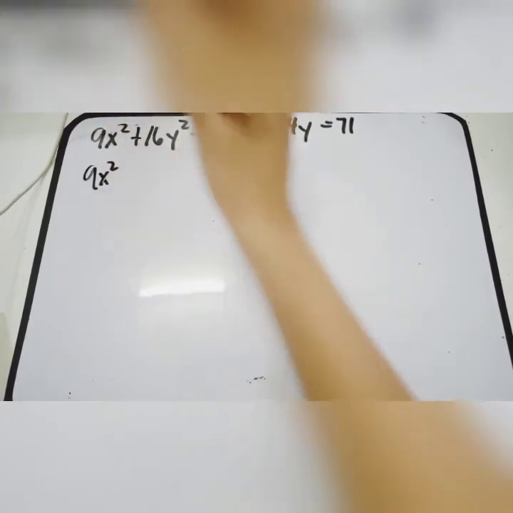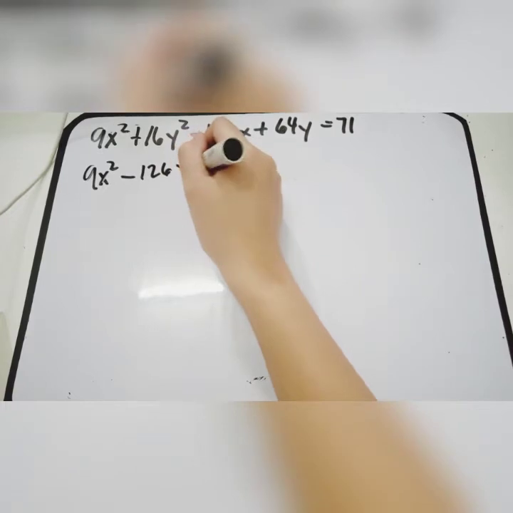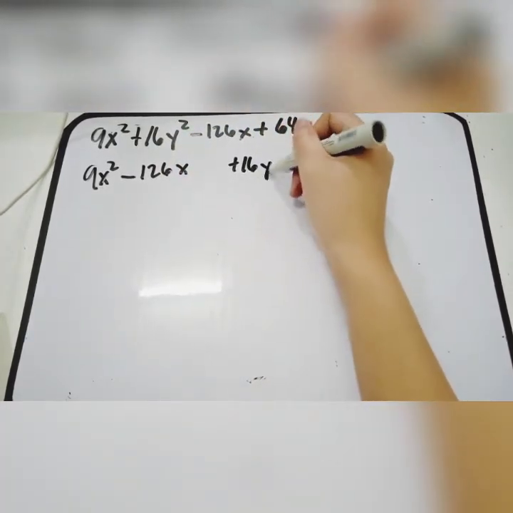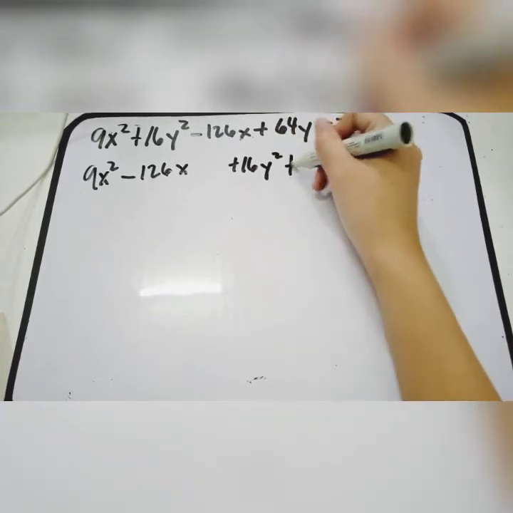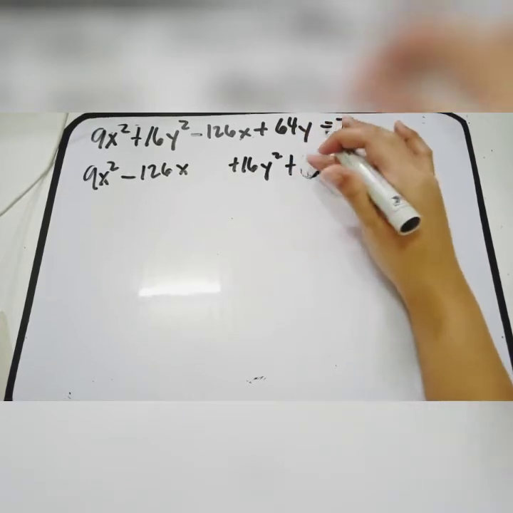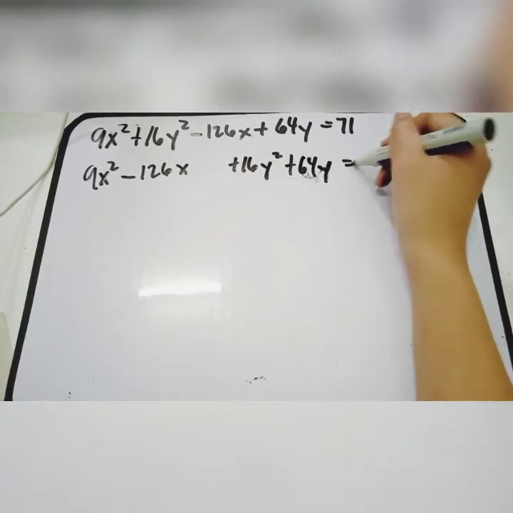Okay, another example. 9x squared plus 16y squared minus 126x plus 64y is equal to 7. So, first, combine like terms. 9x squared and then minus 126x and then plus 16y squared plus 64y is equal to 71.